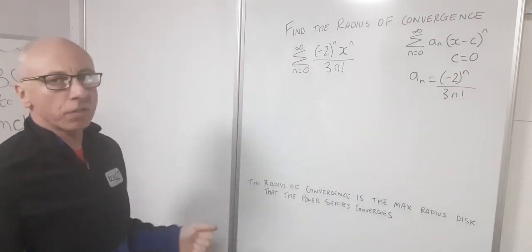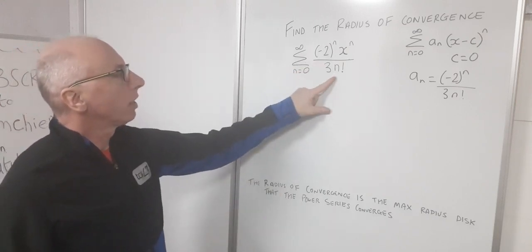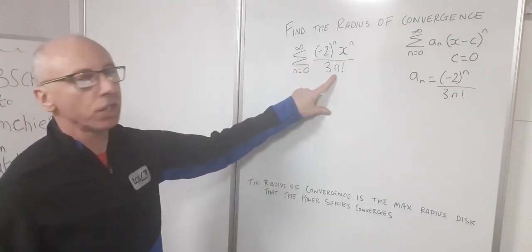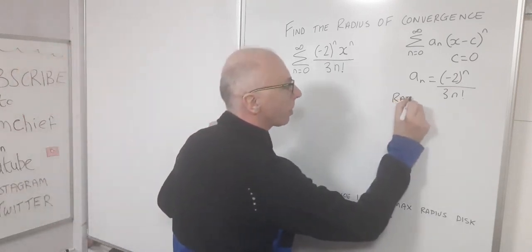Now to find the radius of convergence for this series with this kind of format, the best method we can use here is the ratio test. So the ratio test, I'll just write that up here for us.